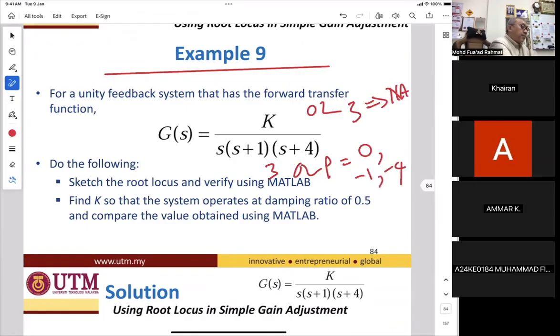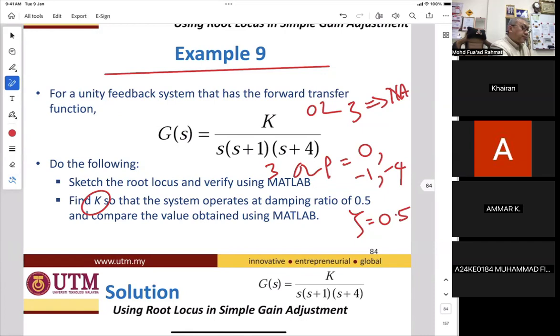The root locus is given, and you have to verify your calculations and then find gain K so that the system operates at the damping ratio zeta equal to 0.5.